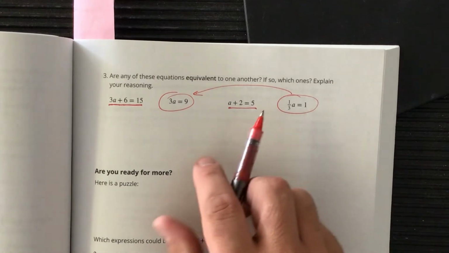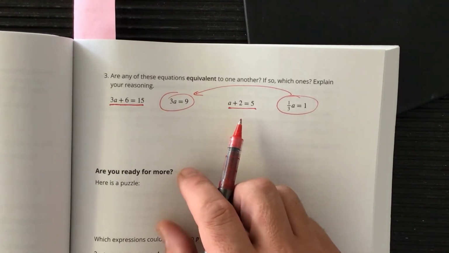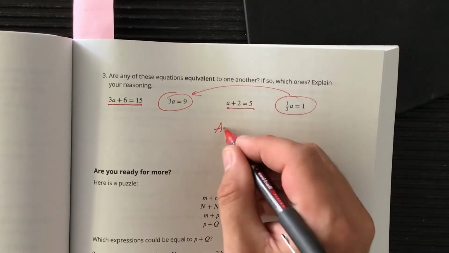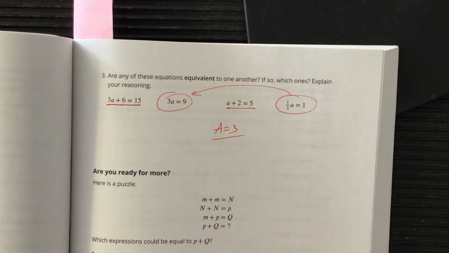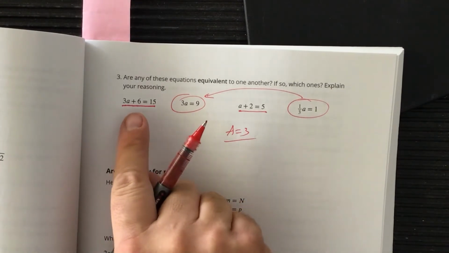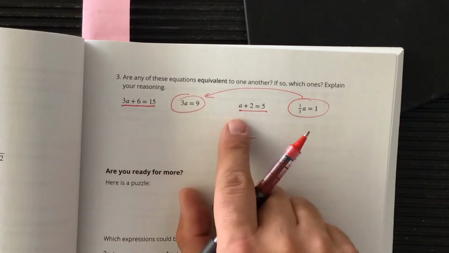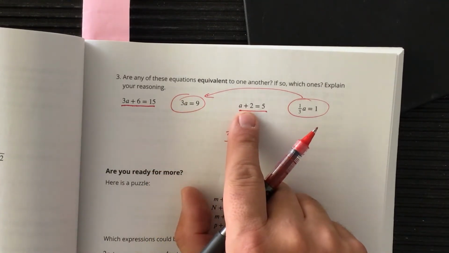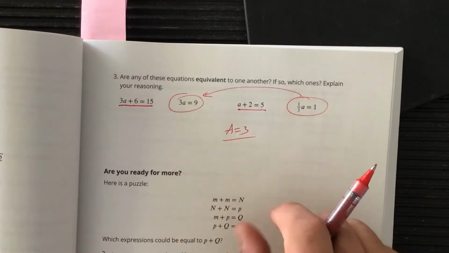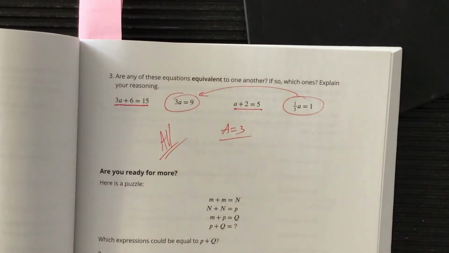Now give me a letter that makes this one true. 3. So let's try A equals 3 for all of them. Does it make it true here? Here? Yeah. Here? Yeah. So you're on the right track that all of them are equivalent.